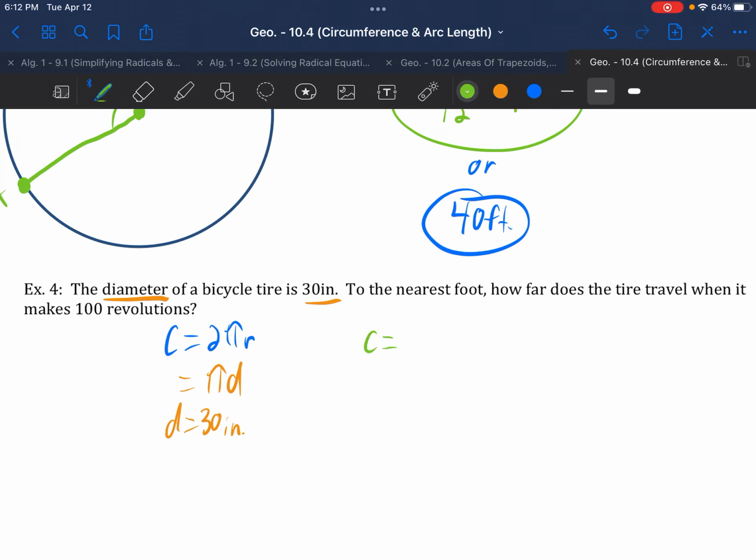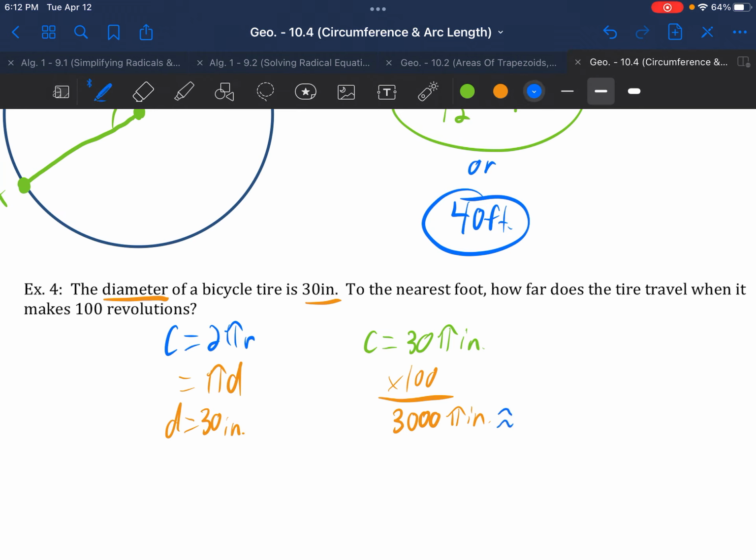So one circumference is going to be 30 pi inches. So now if we take that answer times 100 revolutions, we end up getting 3,000 pi inches.